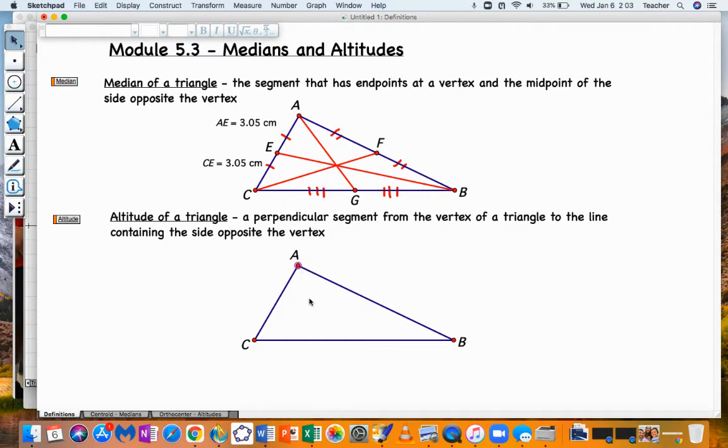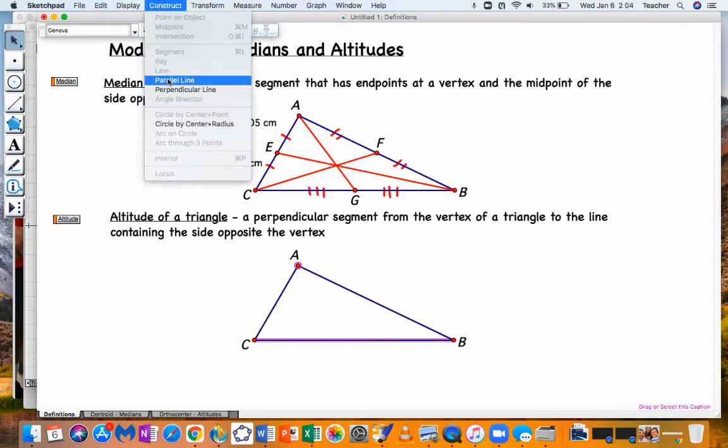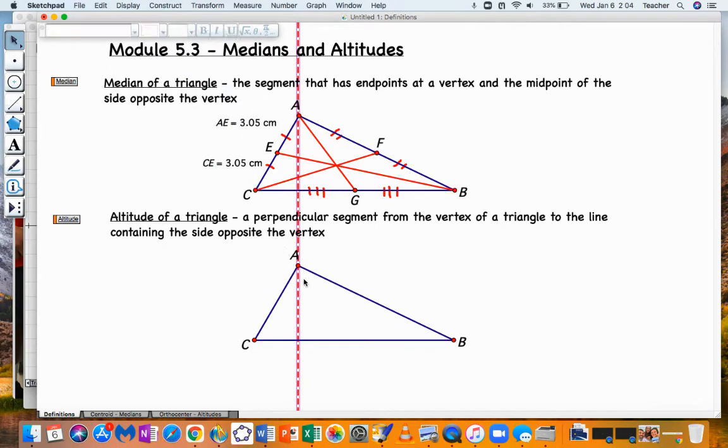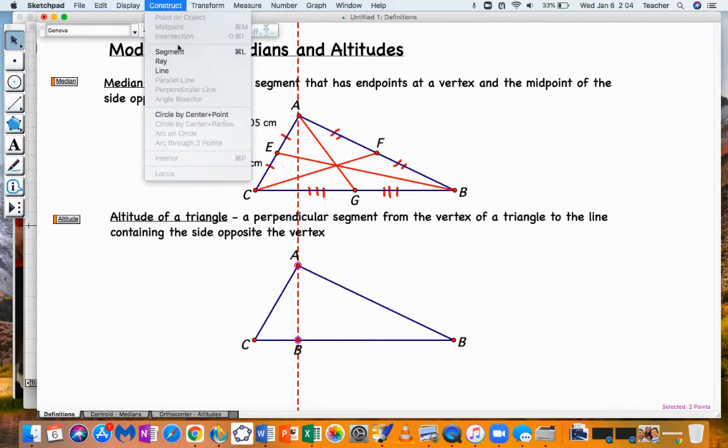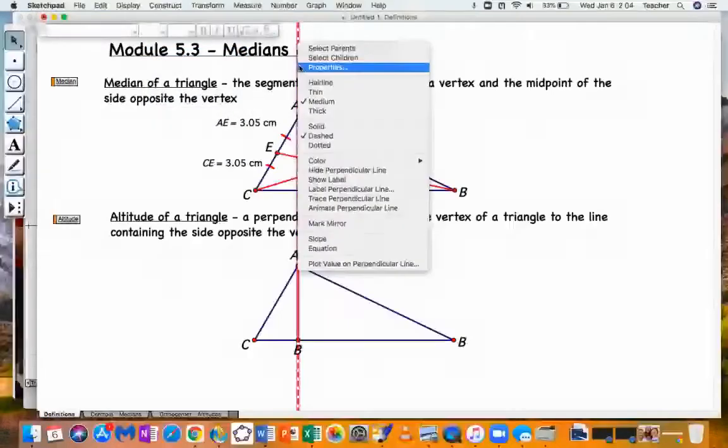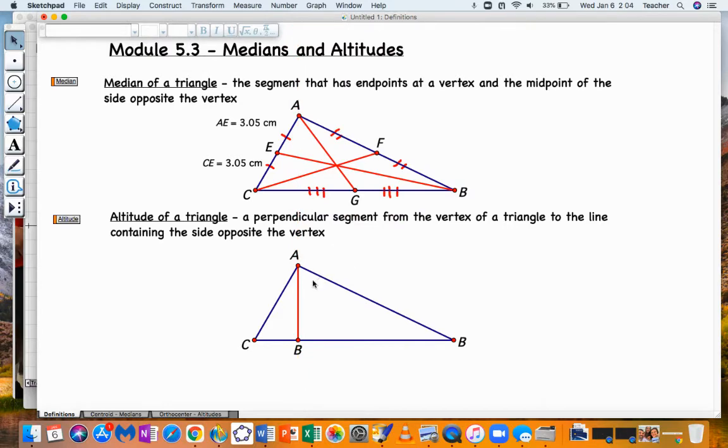I'm going to take this vertex and construct a line perpendicular to that opposite side. I'm going to construct that little segment there, and that would be the altitude from vertex A to opposite side BC.